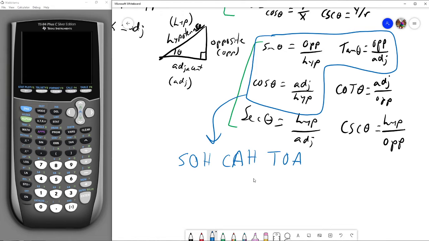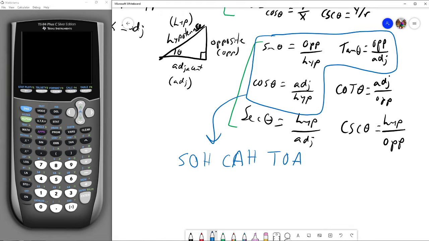S, sine, O for opposite, H for hypotenuse; CAH, cosine is adjacent over hypotenuse; TOA, tangent is opposite over adjacent. SOH-CAH-TOA is a great thing to memorize, and it will help you keep track of which sides of the triangle go with which trig function.